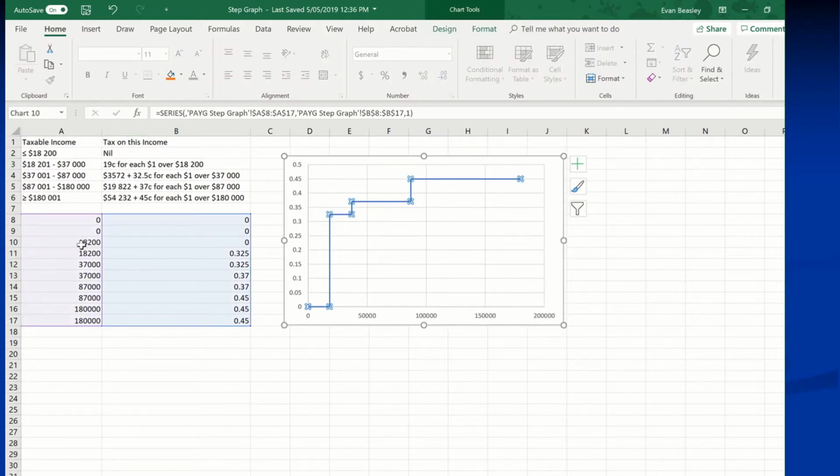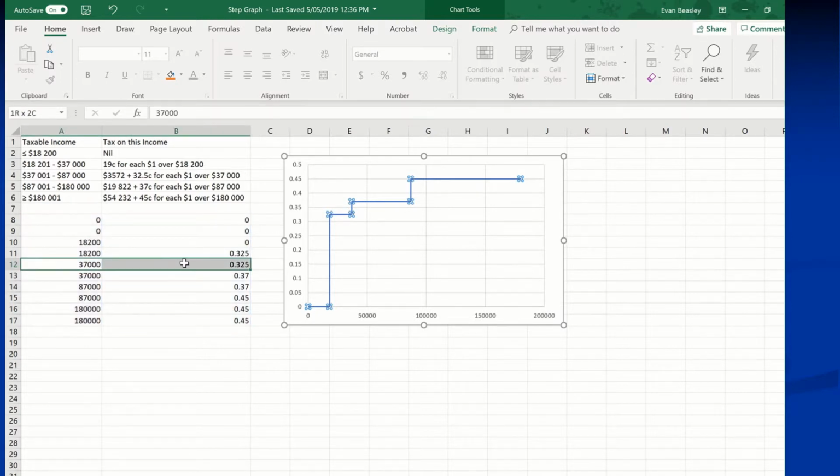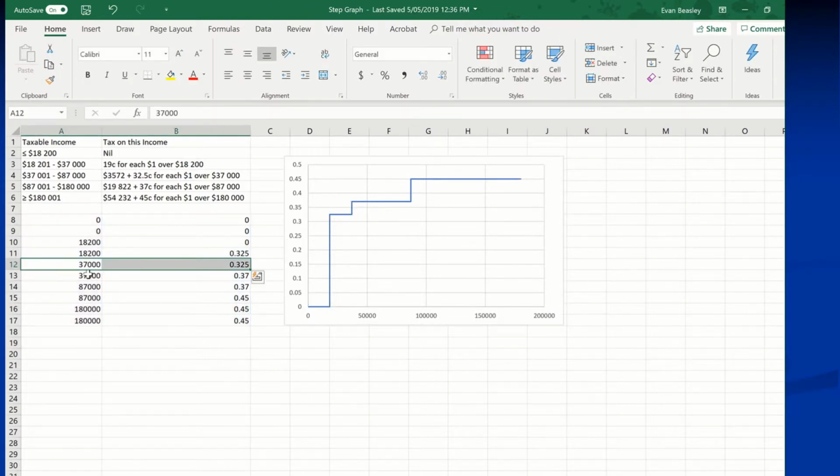So we start off with the first step at the end of the 18,200 section, and then we move into the next section. And so we're just entering the value for the whole step there.